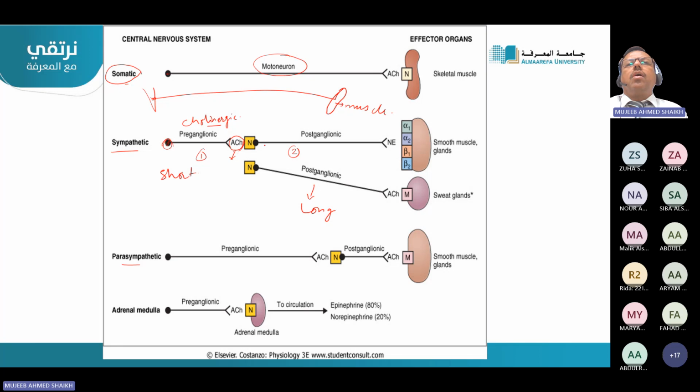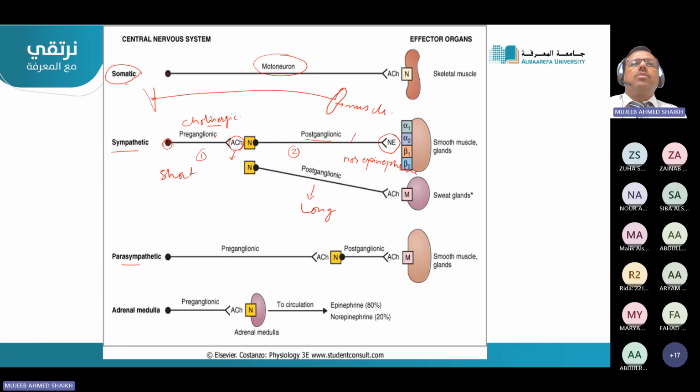The second neuron, or postganglionic neuron, starts from here and supplies the smooth muscle or cardiac muscle. But here they will secrete norepinephrine. NE is nothing but norepinephrine. So which type of fiber will it be?